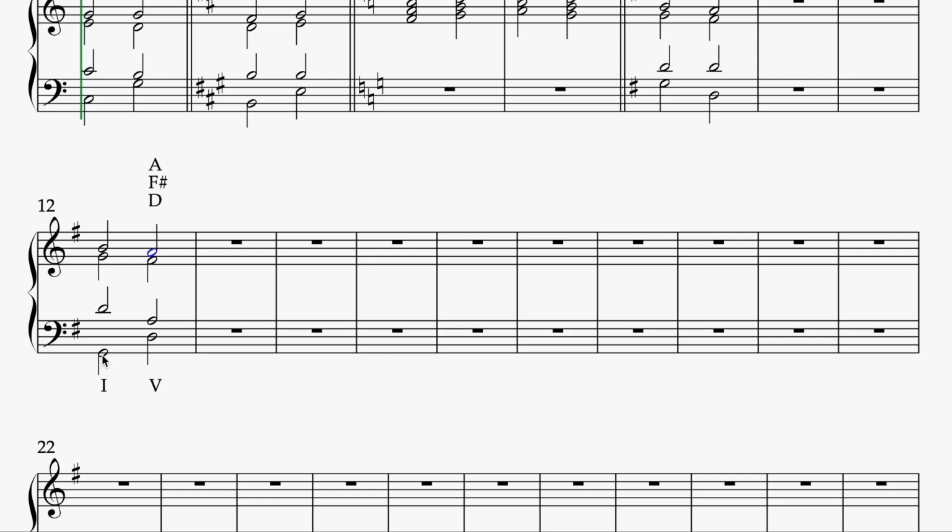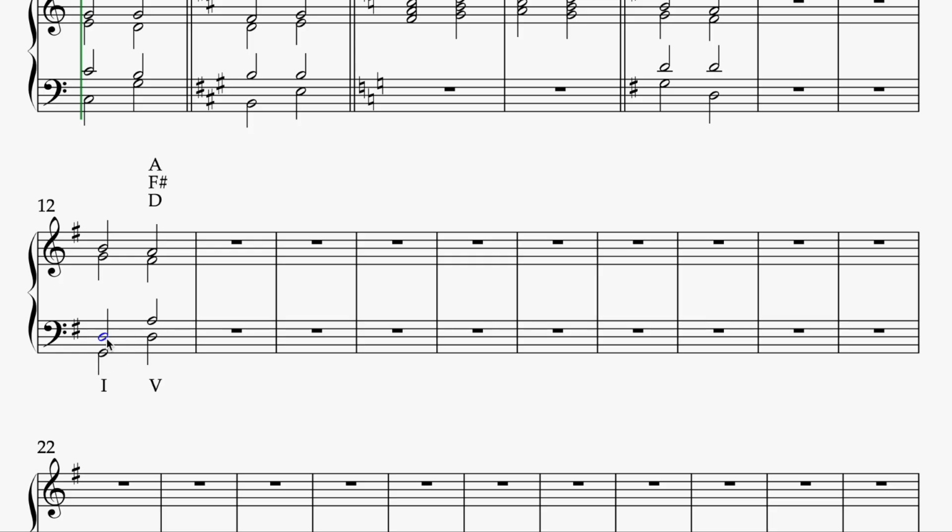Now, if I put that D down there, you can see that this is consecutive fifths. So G to D, it went up a fifth, they both moved the same way, and they are a fifth apart. So that's parallel fifths or consecutive fifths, which we don't want.